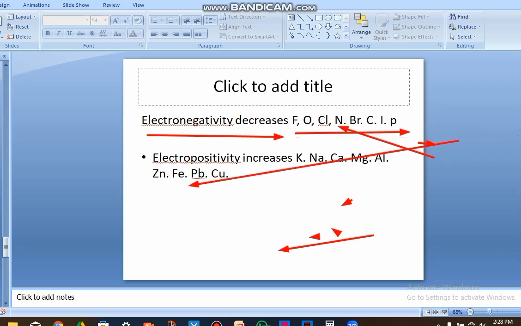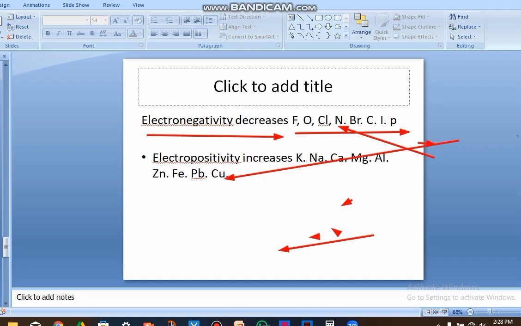So know them. Then electropositivity increases. These are the positive ones. Potassium is the smallest one here because it is increasing, so copper is the highest.